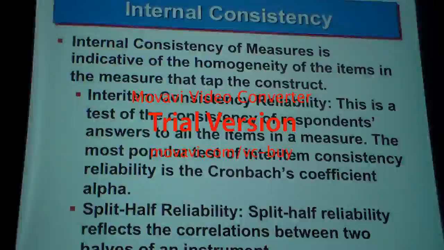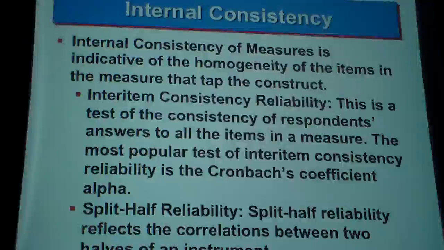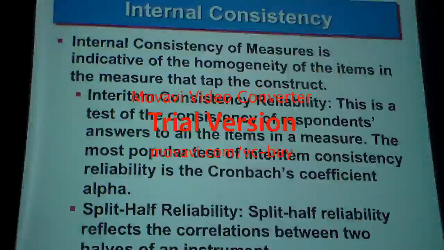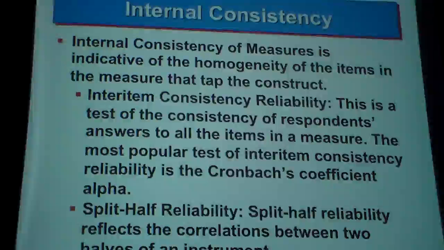Homogeneous means similar, from the same source or the same nature, but heterogeneous is different, the opposite. So internal consistency indicates the homogeneity of the items in the measure that have the construct.